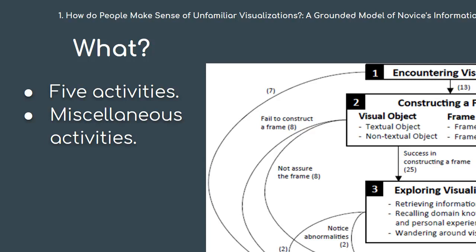Otherwise, they just wander around the visualization. You can see many people go back and revisit the second activity, and they turn to other objectives to reconstruct a frame. And if the participant notices some abnormalities, they will go to the fourth activity to question or doubt the frame, or to the last activity, floundering on the visualization.